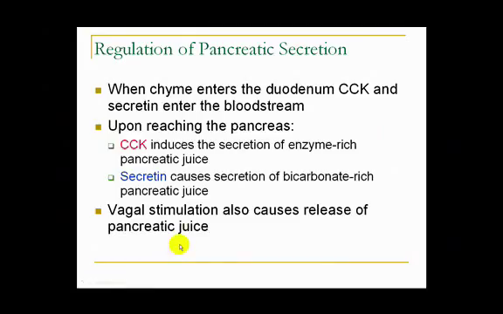So, you've learned already that CCK and secretin work on the pancreas to increase their secretions. They work on the liver and gallbladder to increase the production of bile. And then they work on the stomach to actually inhibit the stomach secretions.